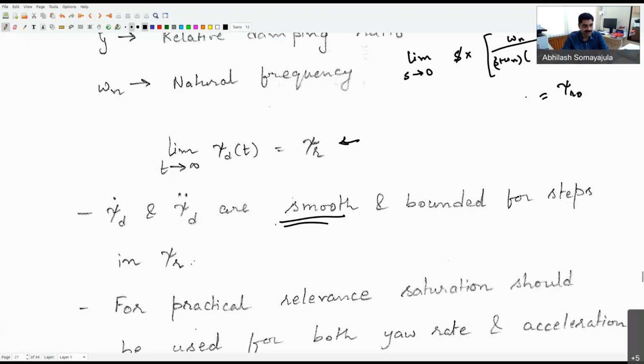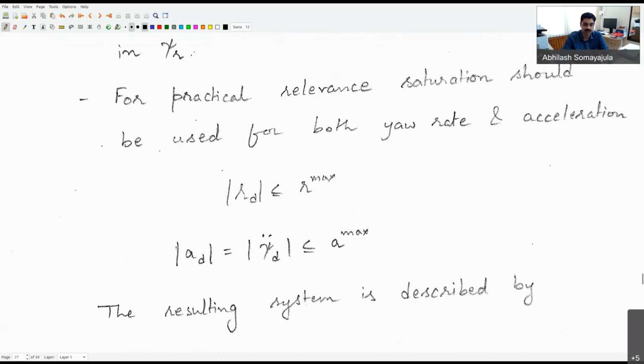As we have seen before, and probably even yesterday during some of our tests, saturation is an important aspect to keep things practical. Otherwise, you may be going crazy. So it is important to limit the yaw rates and the accelerations to some maximum value so as to have some practical relevance.